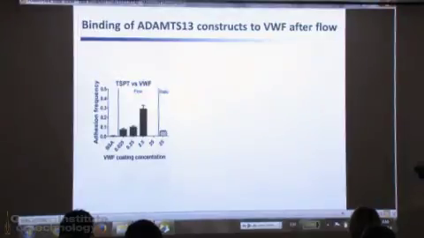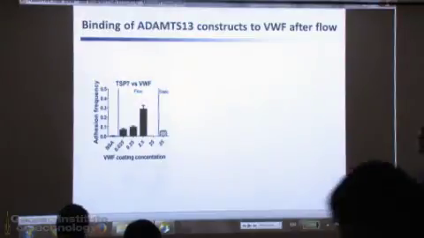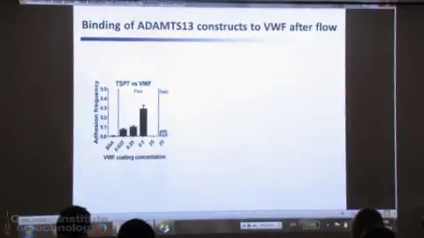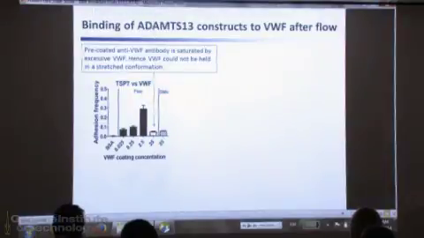So now, this is binding of the ADAMTS13 construct to VWF after you shear it. And you saw the image, that was the stretched out condition. So BSA control, no binding, and this is the static condition at the high coating concentration, no binding. But then if you dose-responsively increase the coating of the VWF, you see the binding frequency progressively increase until you really saturate it.